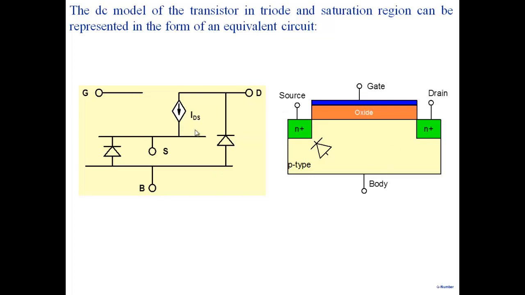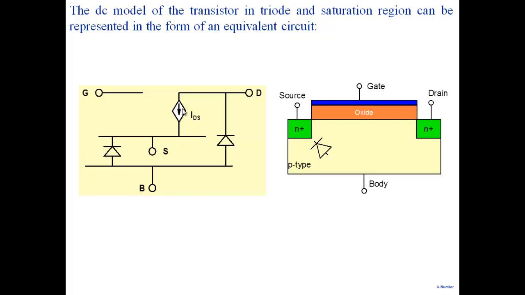Between the drain and the body, again I have a diode, so you see this diode here. And as I said, we keep these diodes reverse biased. So the current flowing between here is some reverse leakage current, small and negligible, and the current flowing here is also very small. So the only significant current that flows in a MOSFET is between the drain and the source. And we put it here between the drain and the source.